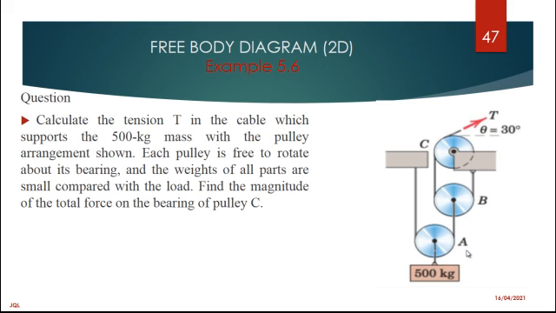Find the magnitude of the total force on the bearing of pulley C. If the question says each pulley is free to rotate about its bearing and the weights of all parts are small compared with the load, this simply means the weight of the pulley is negligible. So we don't consider that.